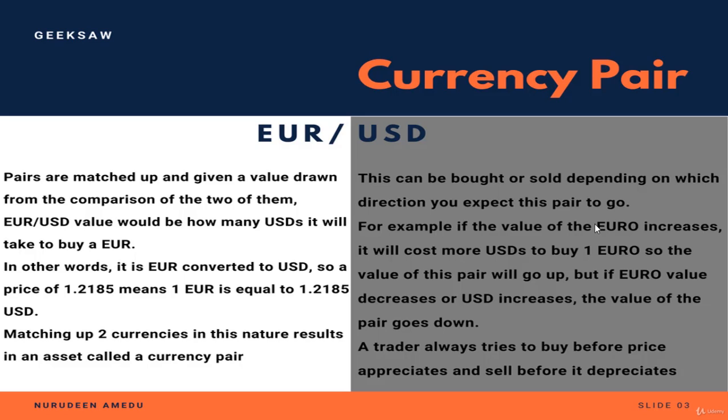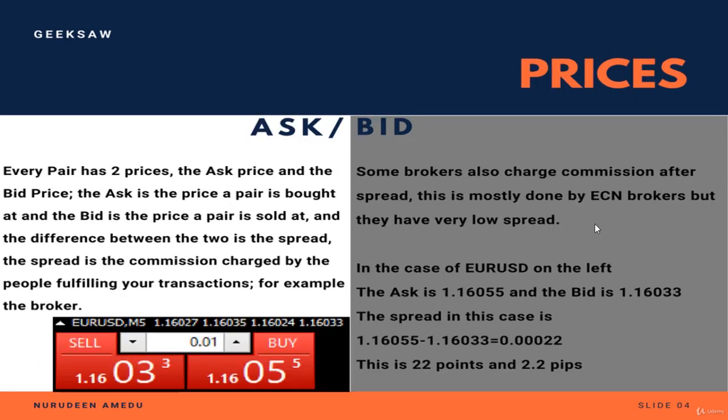So if euro used to be 1.2185 USD to 1 euro, it's about to become 1.3 or 1.4, which means the value of the euro USD is going up. But if you watch the news and it was negative for the euro and positive for the USD, then you have to sell the euro USD because the USD value is going up and the euro value is falling.